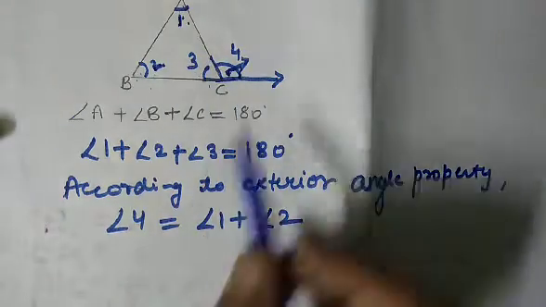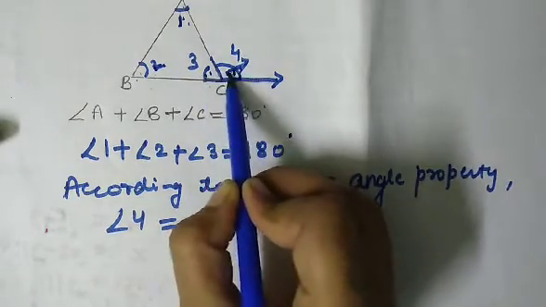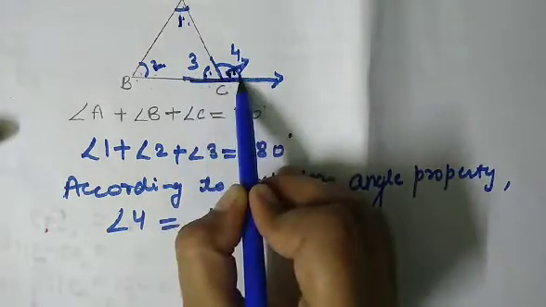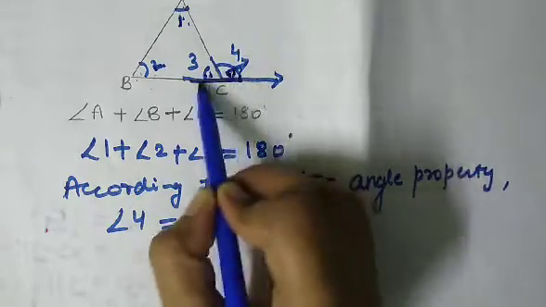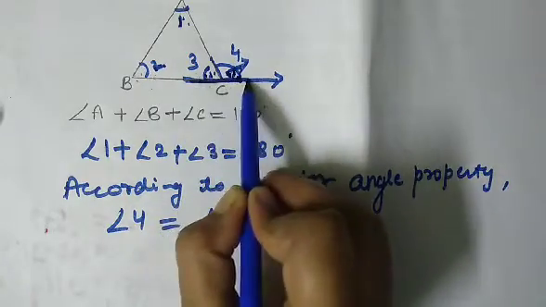Now we know that angle 3 plus angle 4, the sum of 3 and 4, will be 180. Why is it 180? Because of linear pair. These are forming a pair and these are on a straight line.